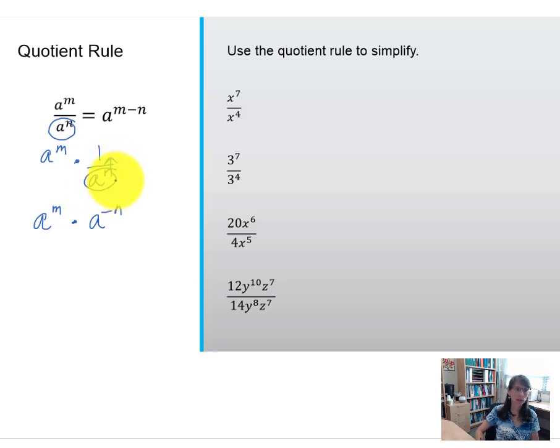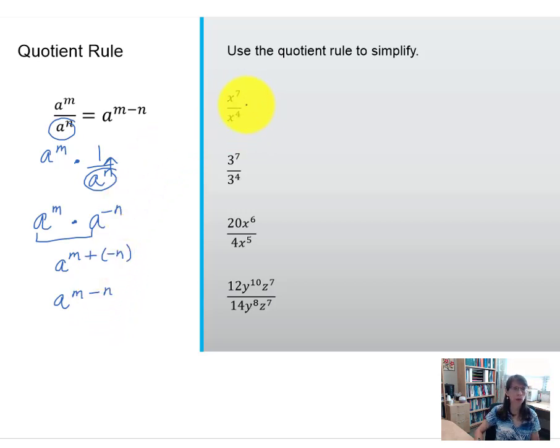So it started out originally in the denominator positive and shifted to the numerator now as a negative. So notice we have product rule. Both bases are a, so we have a to the m plus negative n. Well, m plus a negative is the same thing as m minus n. So that's where the rule originates from.